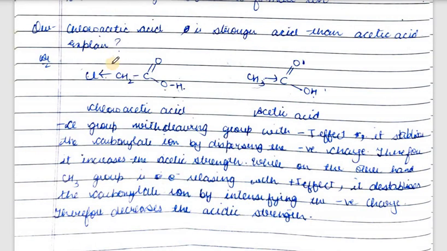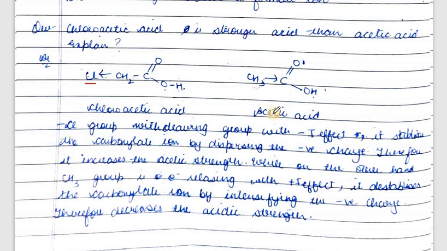Similarly, out of chloroacetic acid and acetic acid, which is stronger can be easily explained. In chloroacetic acid, chlorine is present: Cl CH2COOH and CH3COOH. That is, in acetic acid, if one hydrogen is replaced, we get chloroacetic acid. Here an electron releasing group is present, while in chloroacetic acid an electron withdrawing group is present.